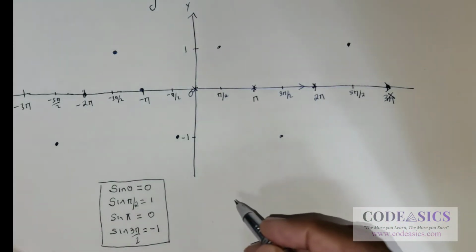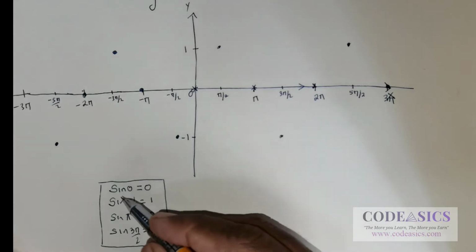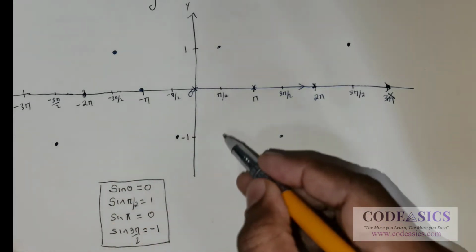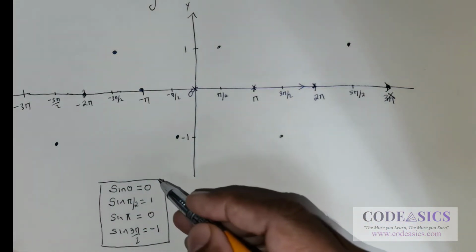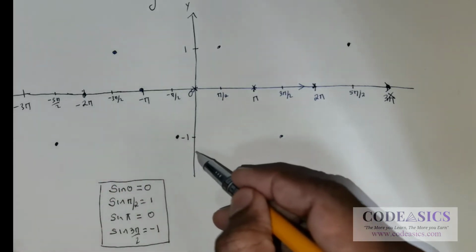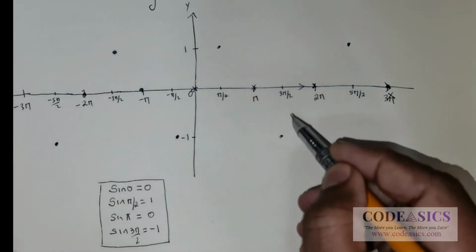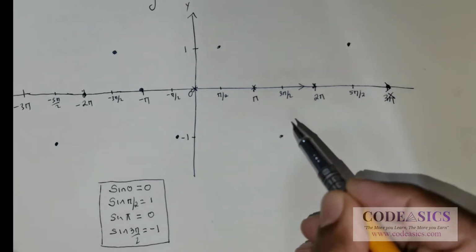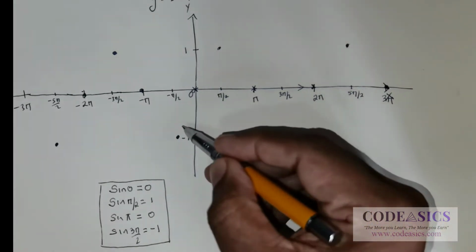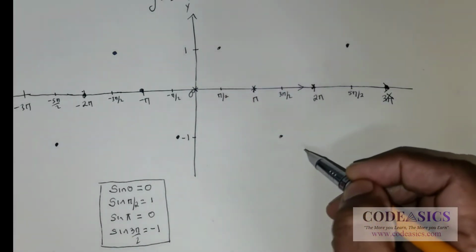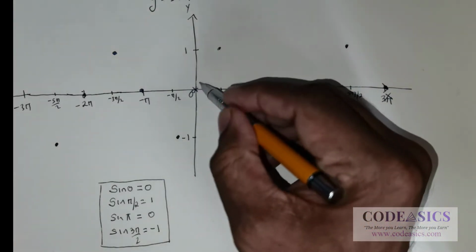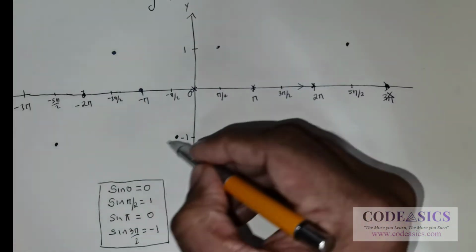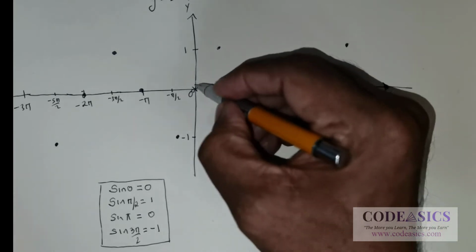Now, having obtained all of these points, it is important that when we are drawing the graph, it has to be drawn in a curve form, because the graph is actually a wave graph. So you need to have that waveform. So that is important. So I have to ensure that the wave is present here.